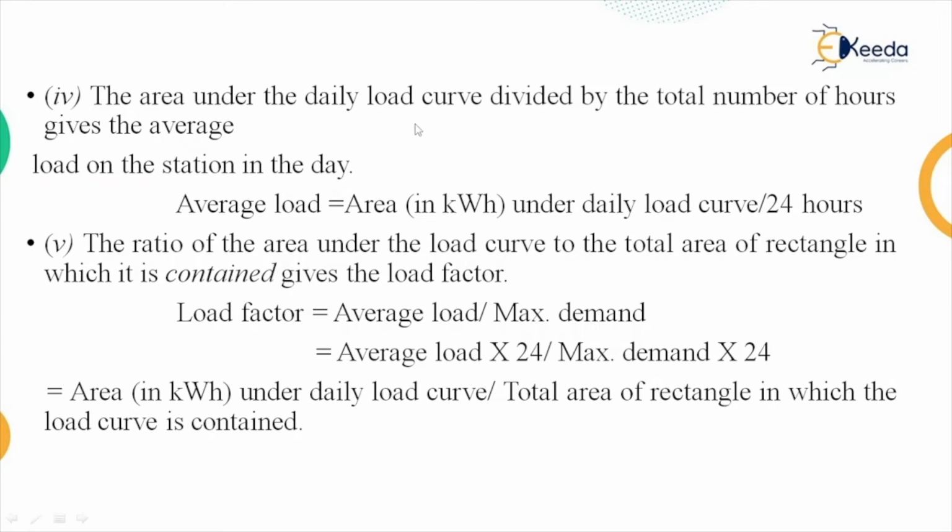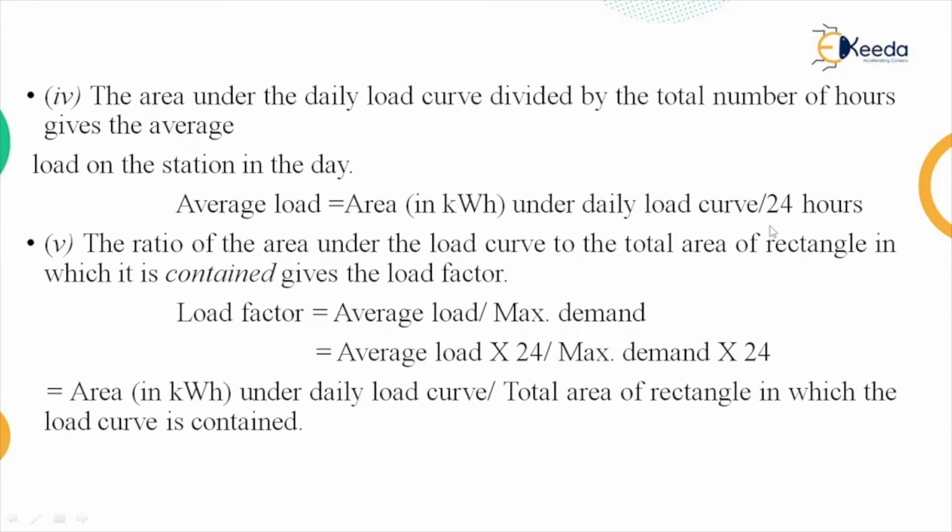The area under the daily load curve divided by the total number of hours gives the average load on the station in the day. If you want to calculate the average load of the day, we take the area in kilowatt hour under the daily load curve divided by 24 hours.